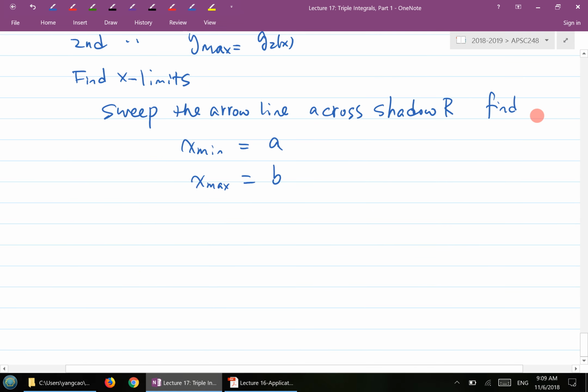Okay, now let's take a look at examples to apply the procedures.